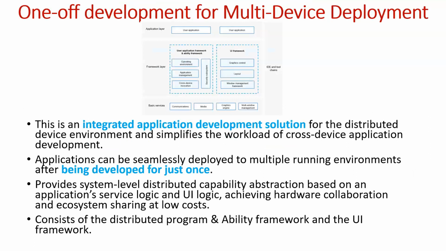Next in line with respect to this capability is development for multi-device deployment. The idea is that the application developer can develop a common application using the integrated application development framework, develop it once, and deploy it seamlessly on the different device environments available.